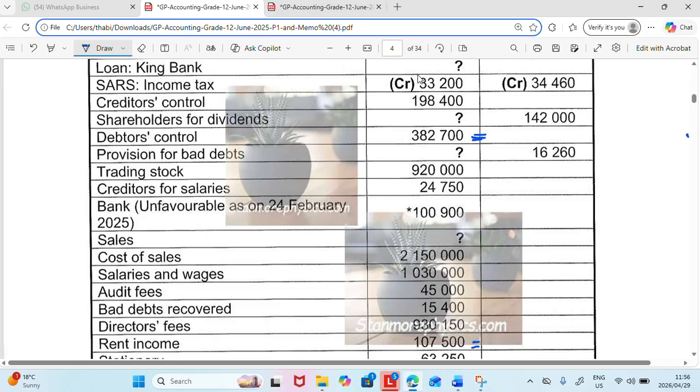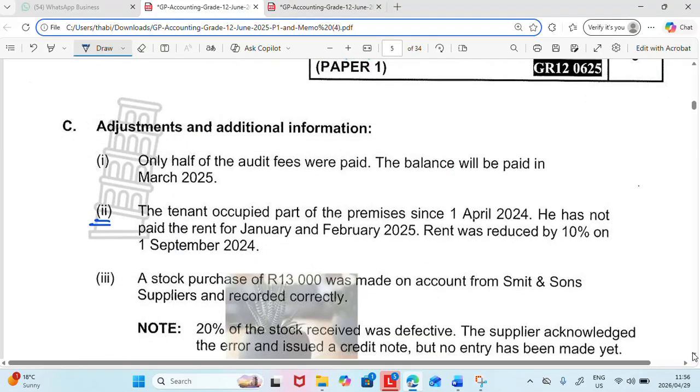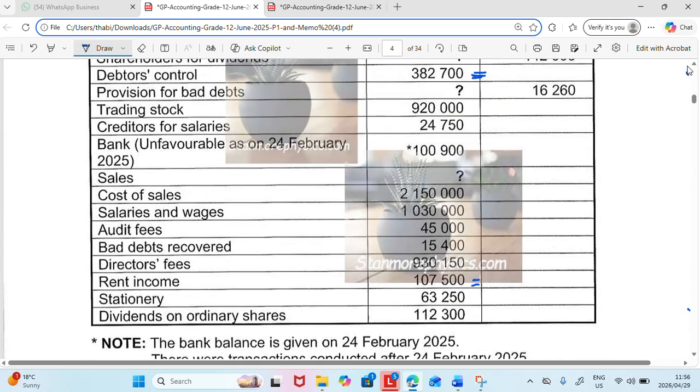So we need to check expenses that are payable, but on my side I already know that we have expenses payable. The first additional information under C, only half of the audit fees were paid. Only half of the audit fees were paid. What about the other half? The balance will be paid in March 2025, which means we are promising our auditors that we'll pay them the other half when the next financial year, March 2025.